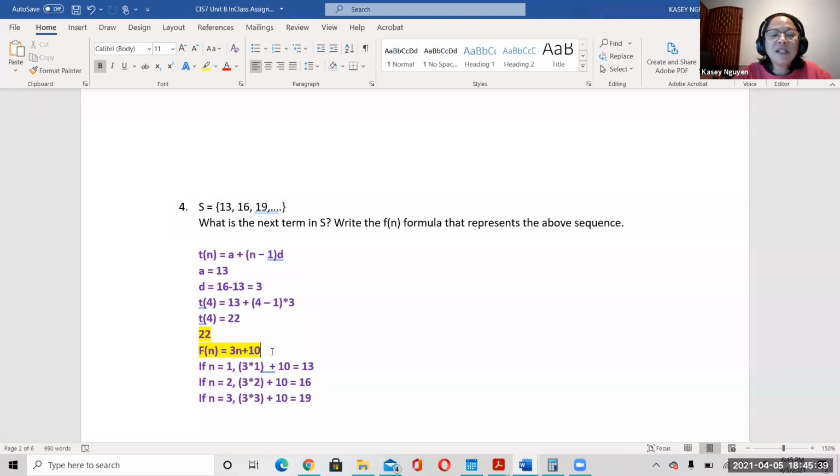The second part to derive this function: remember the first approach that we had? We have to first come up with how that would be represented to the nth value or the n position.